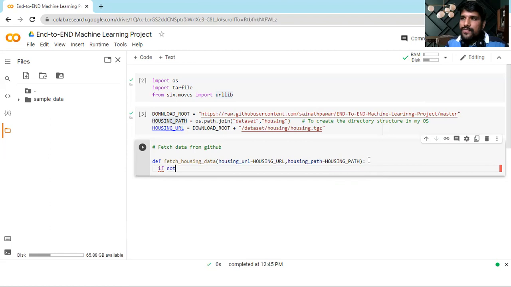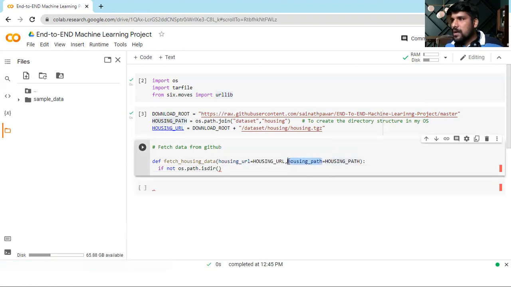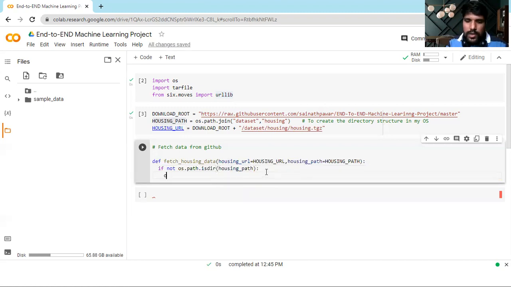So I use if not os.path.isdir, housing path, right? So I'll use this housing path. Then os.makedirs of housing path.